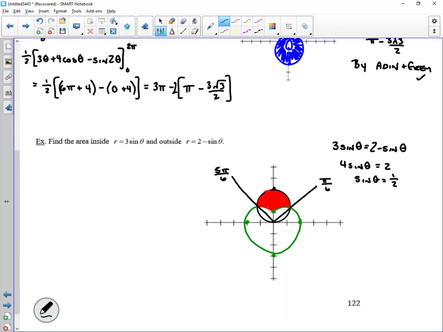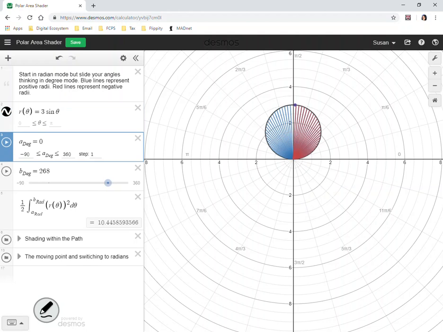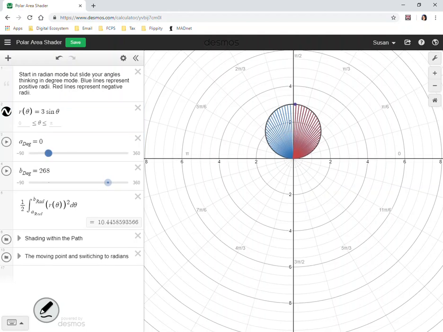Now what? So here's what we're gonna do. We have our two intersection points. What's our circle? 3 sine theta. Okay, so we're gonna go from pi over 6 to 5 pi over 6. Do you see how it only calculates the fan part here?